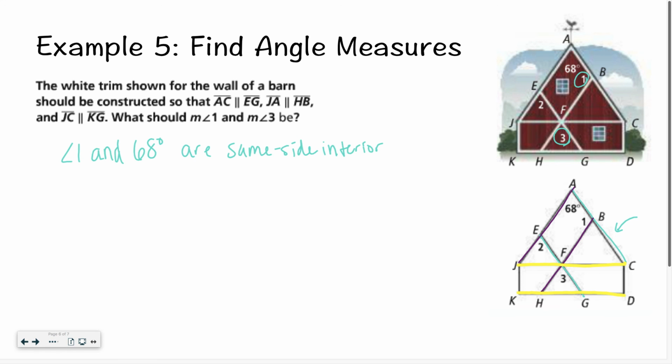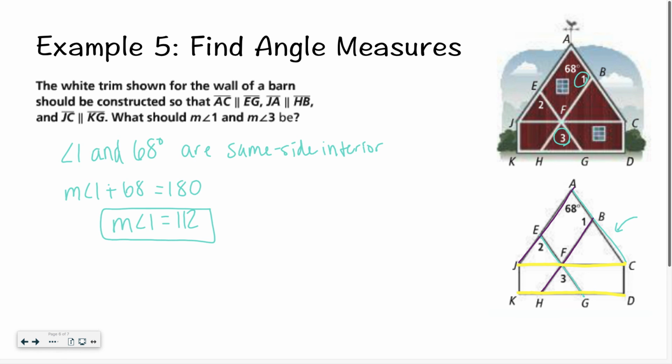And what do we know about same side interior angles? We know that they are supplementary. So if I subtract 68 from both sides, I know that the measure of angle 1 is 112 degrees. So that's how I would find angle 1.